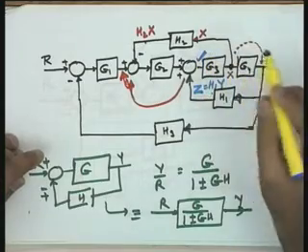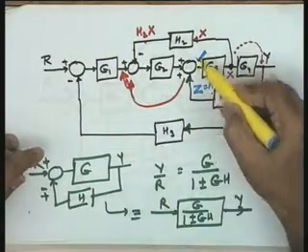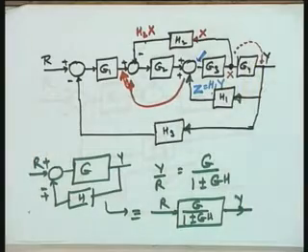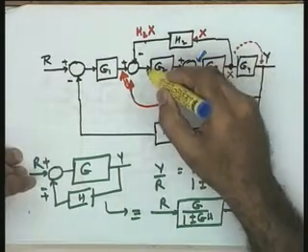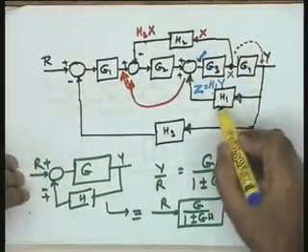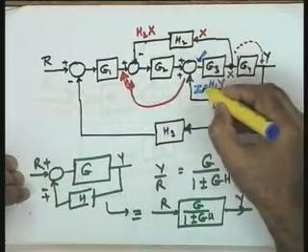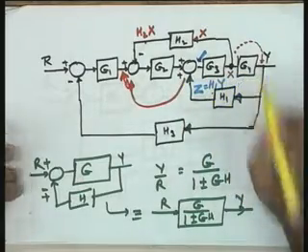You should see that through this particular loop, the signal at this point should be H1 into Y. In that case, any manipulation is possible. You have to come to this point. So, you should not leave it at this point here, because finally in the original block diagram, this signal at this particular point is with a plus sign Z, and Z is equal to H1 into Y.